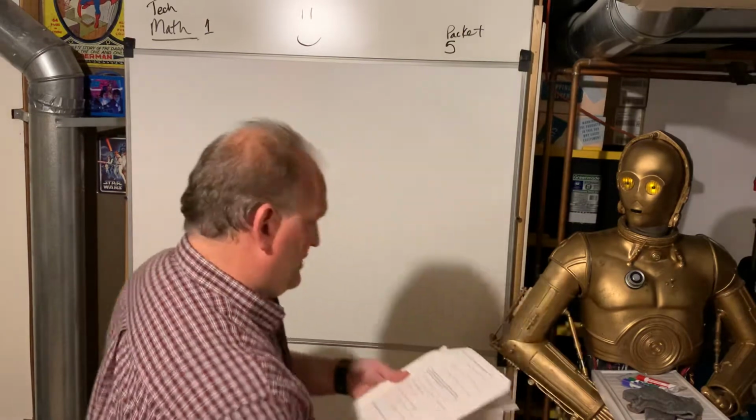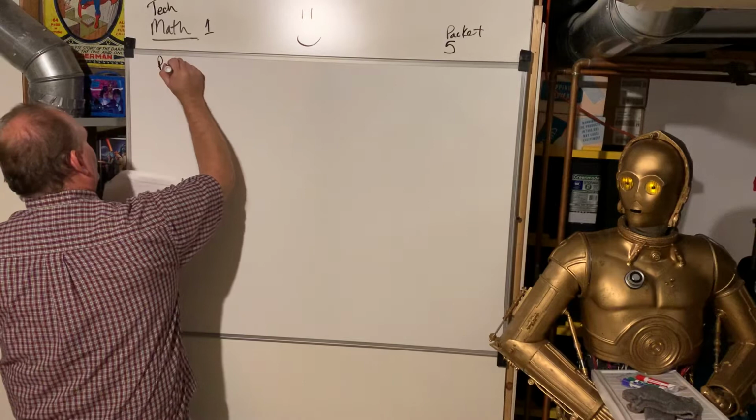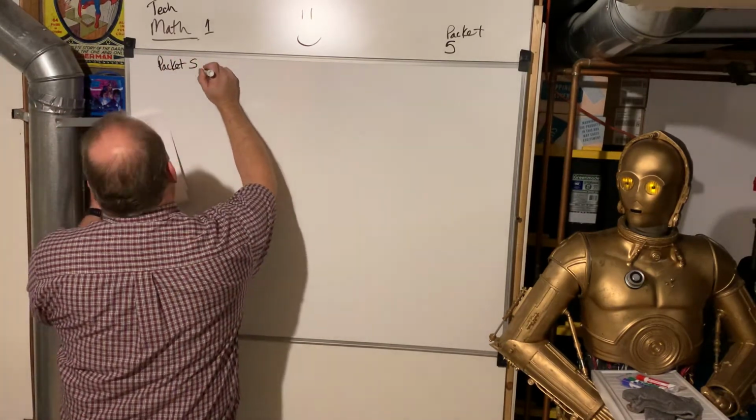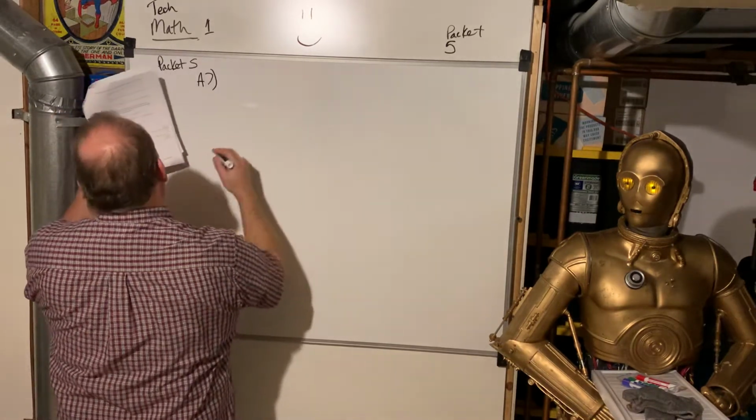You can skip to page A7 and we can just take a look at one problem there. We'll look at 19A. So this is packet 5, and we're looking at A7. On the bottom, it says A7 on the page.